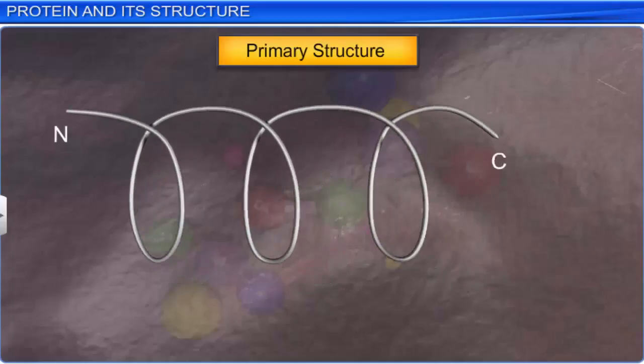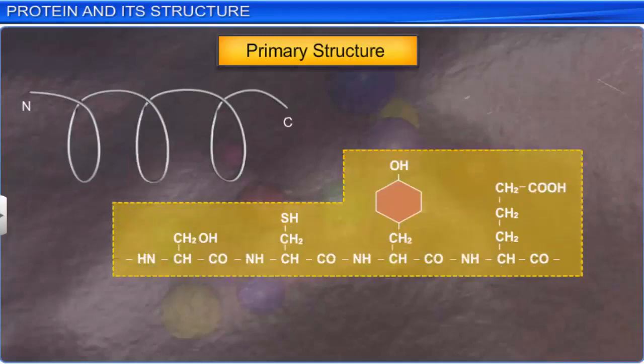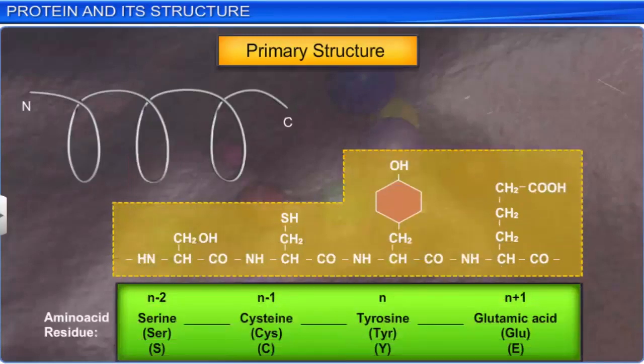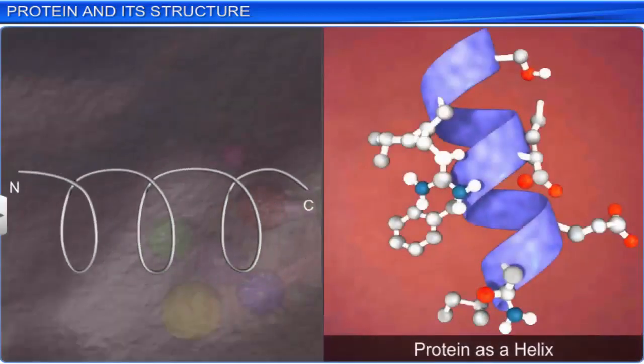The protein thread is represented as a horizontal straight line so that the position of the amino acids can be determined. However, in nature, proteins are not completely straight but are folded in the form of a helix, somewhat like a revolving staircase.